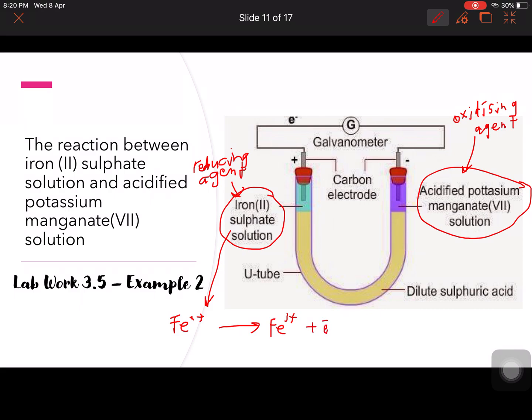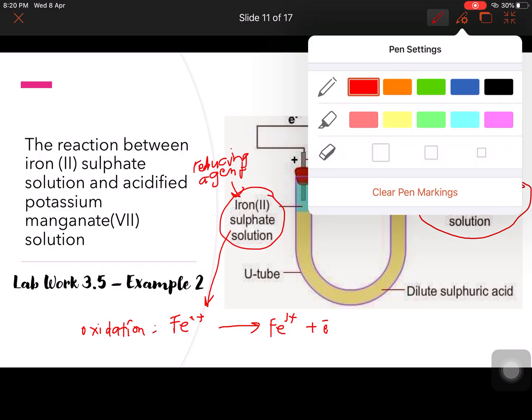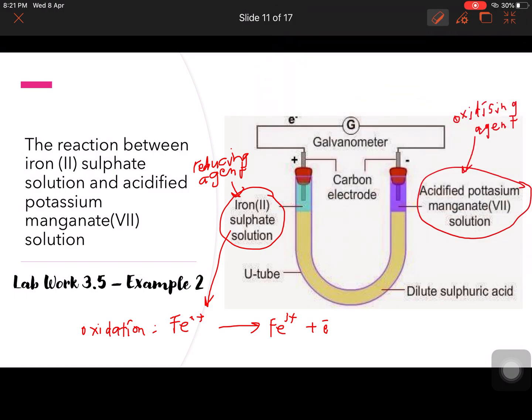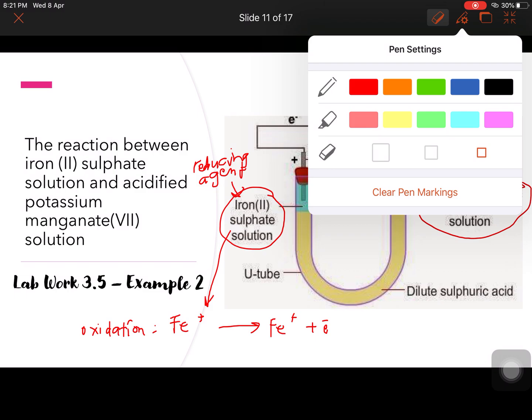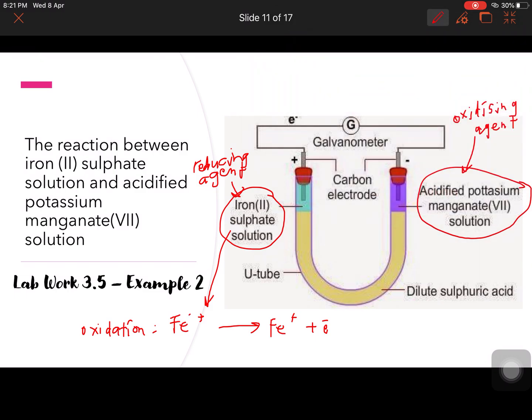So this is the half equation for the oxidation process. Can you see the charge here? This is 2 plus, while this is 3 plus. Okay, done for oxidation process.